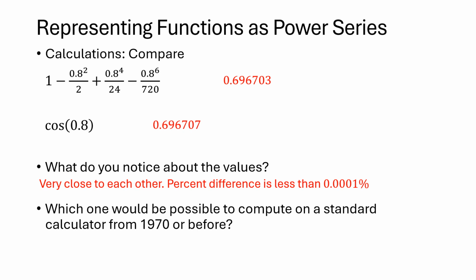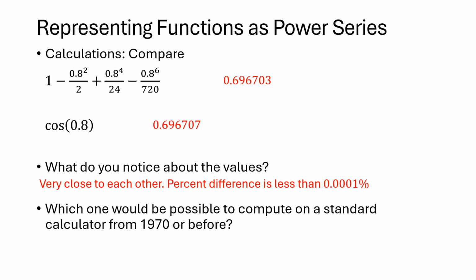The further away from 0 we get for cosine, the more terms we have to use. However, because 0.8 is right near 0, we don't need to use that many terms to get a very accurate estimate. And with that being said, the power series version, you don't need a scientific calculator for.